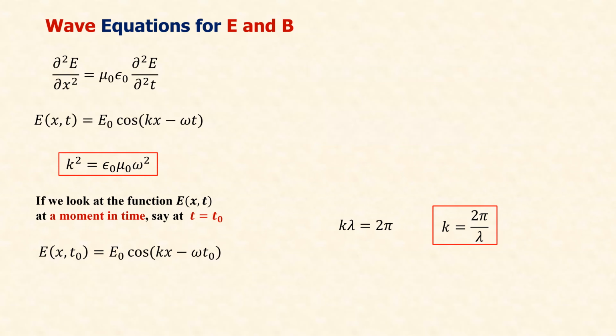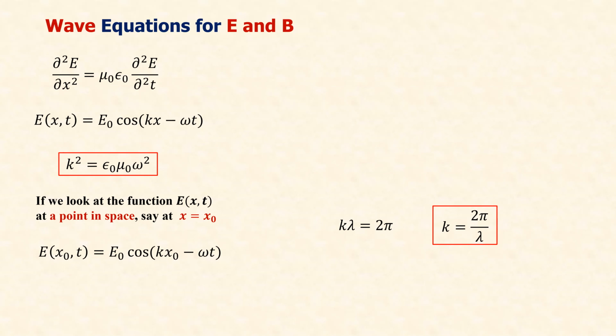Now, instead of looking at this electric field equation at a moment in time, let's look at it at a point in space, like x equal to x naught. Then it's a function of time. So at one point in space, the electric field oscillates by cosine omega t, with a constant phase. That doesn't matter. It has amplitude E naught.